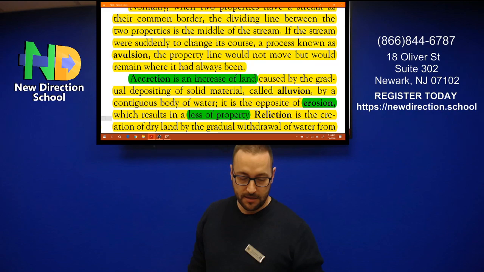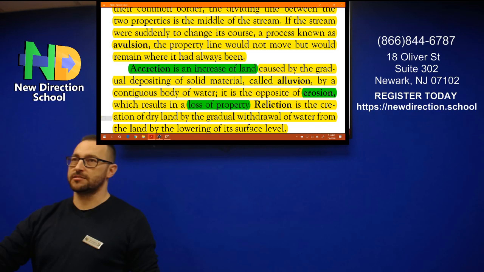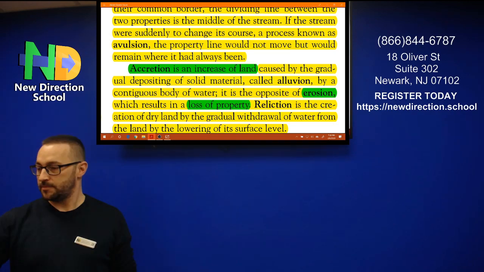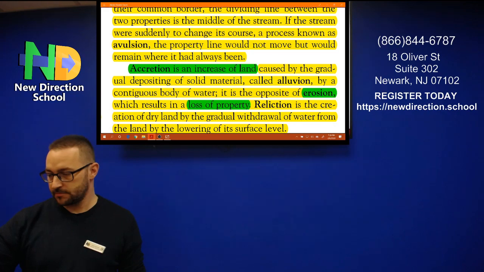Next, accretion. Where it says accretion, I want you guys to write addition. The word is very similar. It means increase.